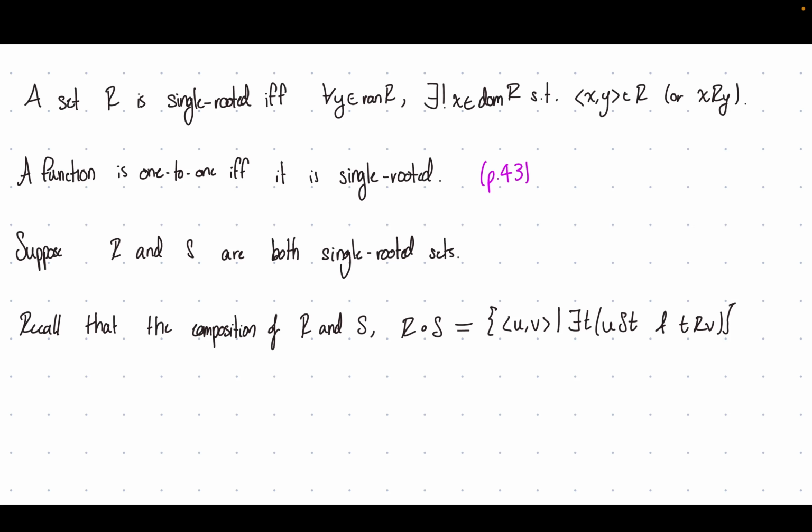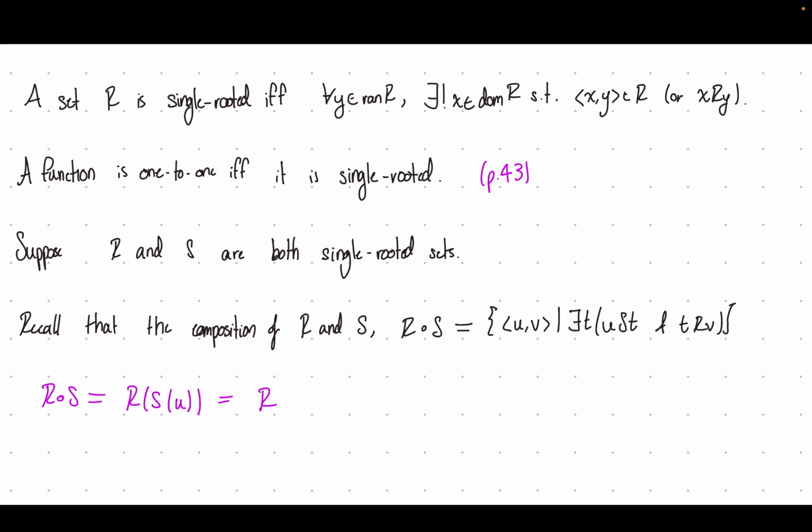Now, in functions, these are not necessarily functions, right? We're only working with single-rooted sets. But in functions, it looks like this. R compose S is equal to R of S of U, for instance, right?